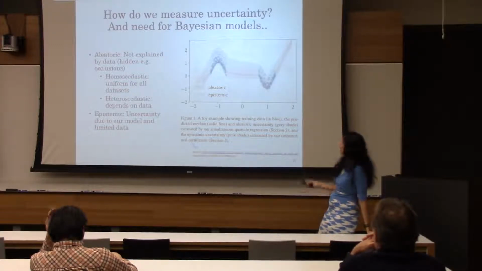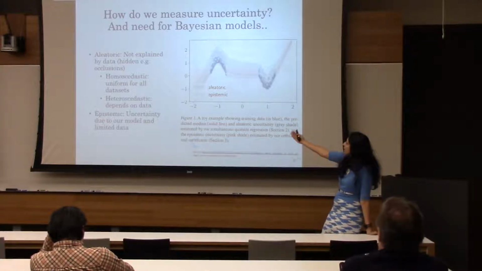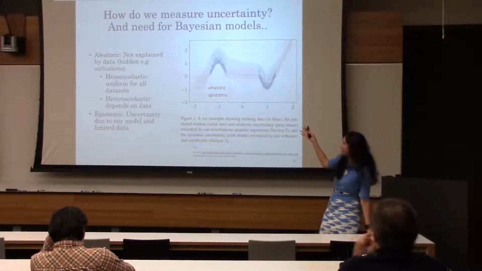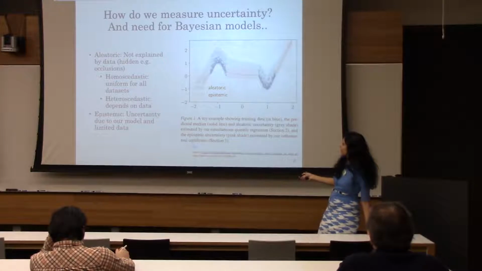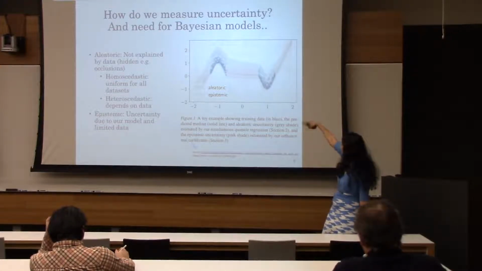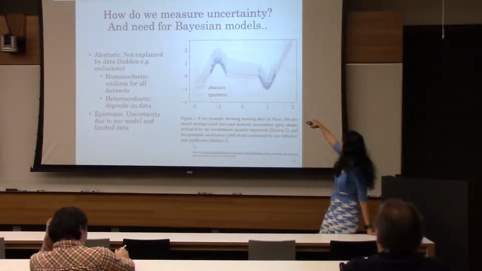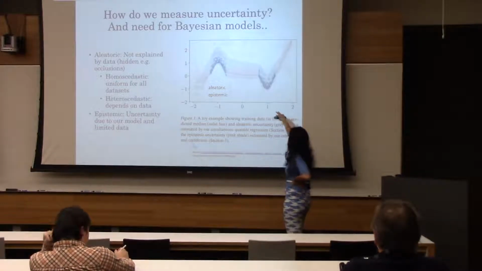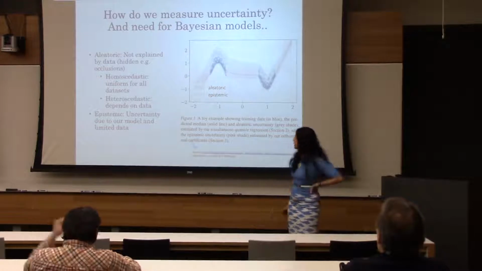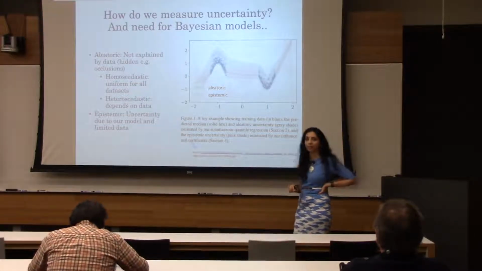So this aleatoric was this inherent uncertainty, right? So even if you had infinite samples, you couldn't overcome that. So that's something inherent. Whereas epistemic is arising from limited data. And I think this figure made that very clear, because these blue points are the training data. You're only observing this curve in some regions, and so there is epistemic uncertainty in the other regions, where this training data is not available.